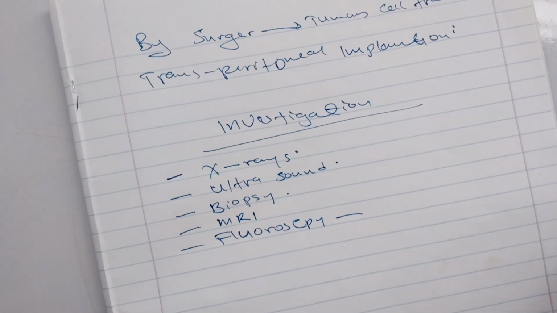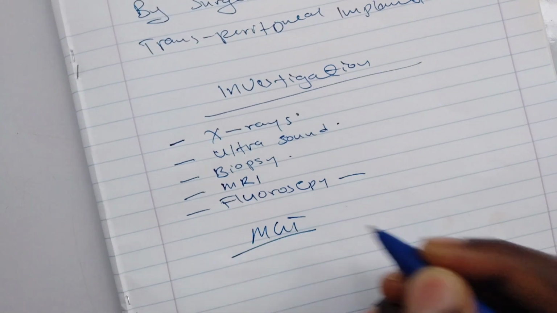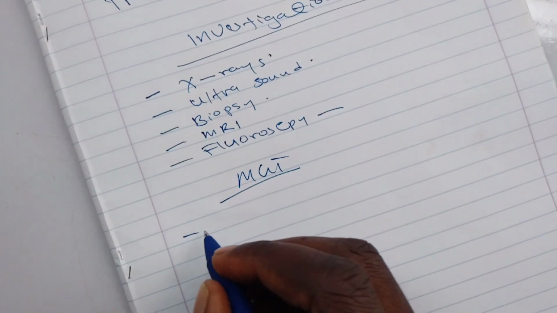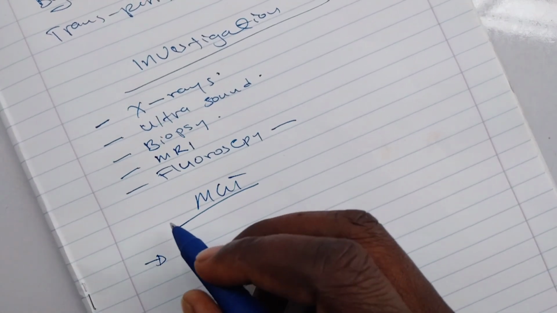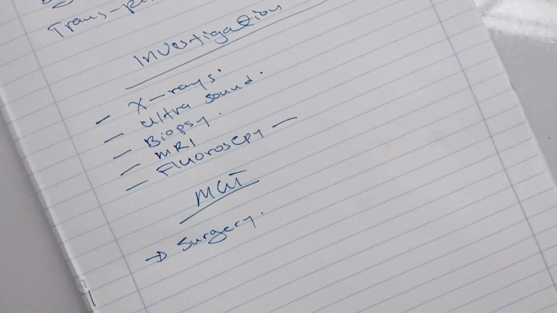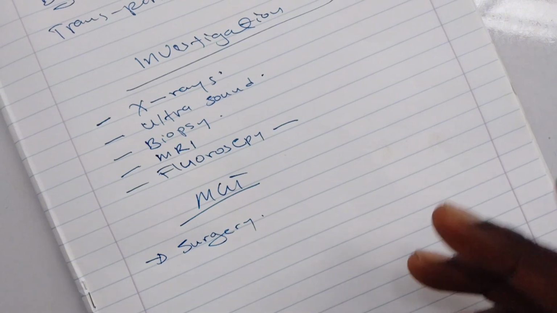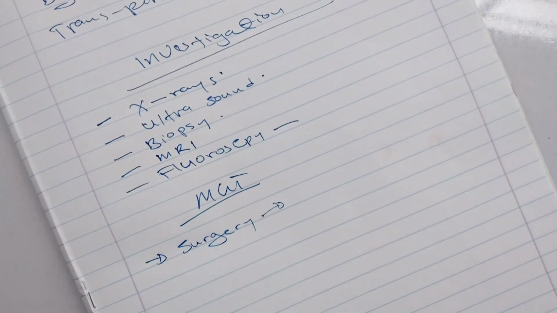So let's look at the management. What people use or they can use for managing a patient with tumor. One, we have surgery. Surgery mostly in early stage. So that's why staging of cancer is very important. Staging of tumor.